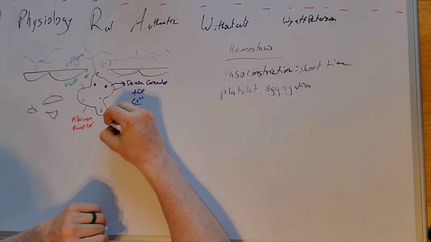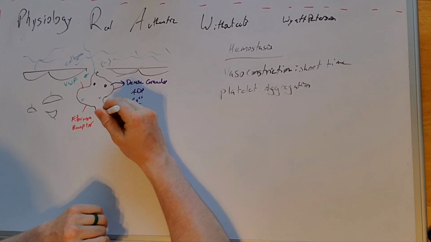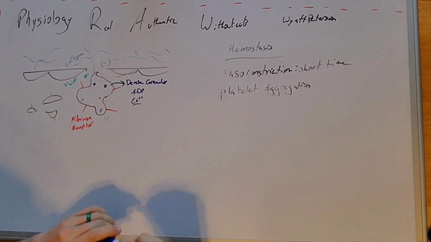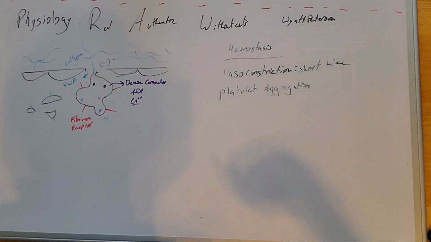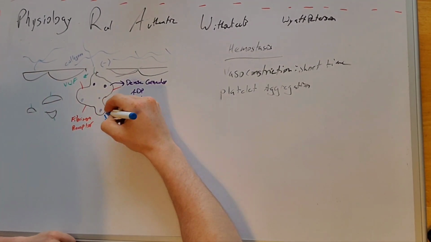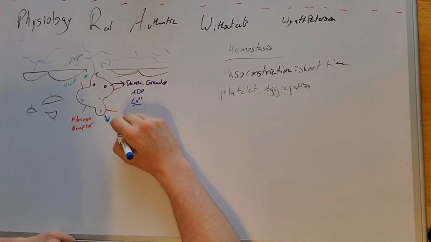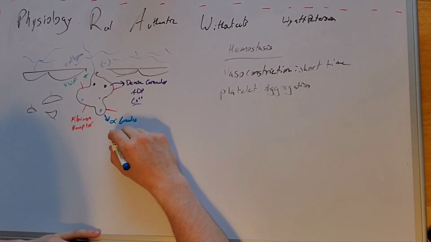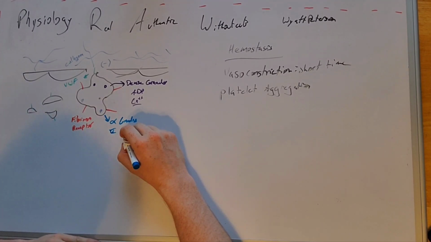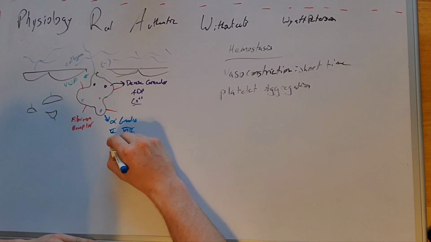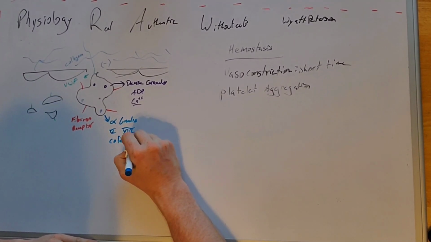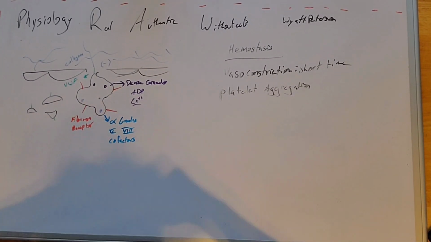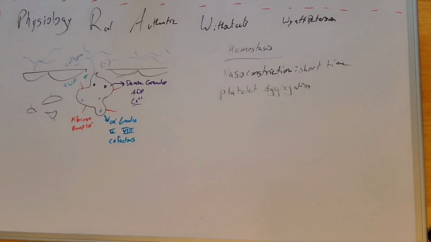And then these are alpha granules, and they will release factor 5 and then cofactor. So these are cofactors, and we will talk more about these when we get to coagulation, which isn't quite yet.